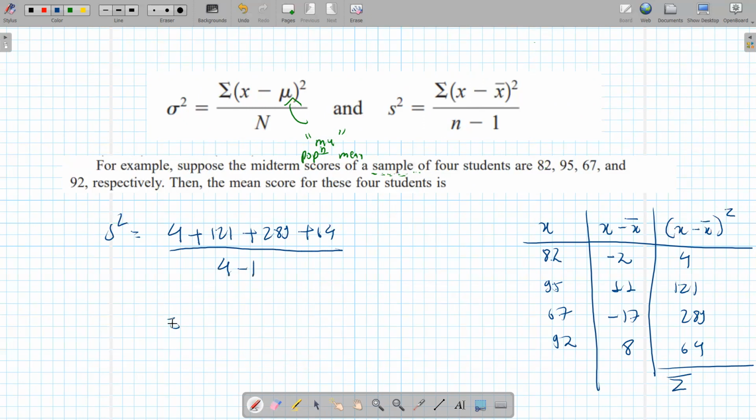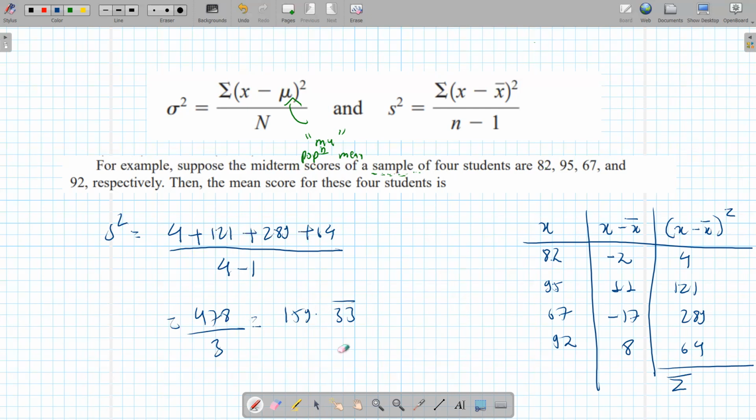That's 478 divided by 3. It's not a nice number, but you get 159.33 recurring. That is the sample variance.